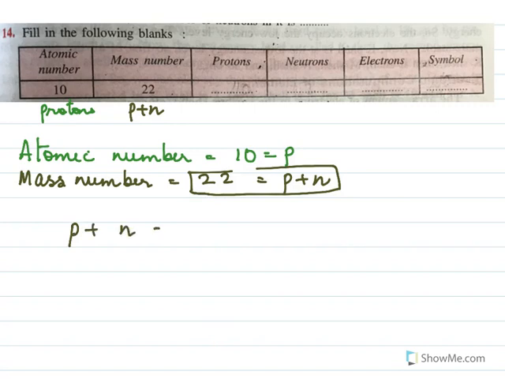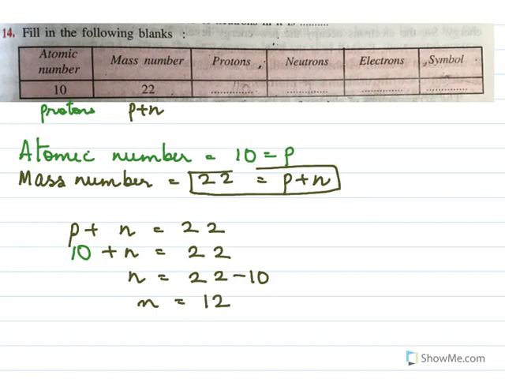We say protons plus neutrons equal to 22. But the protons are given to us as 10. So 10 plus neutrons is 22. Neutrons 22 minus 10. Neutrons is 12.